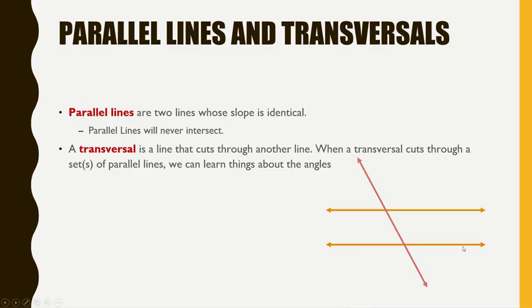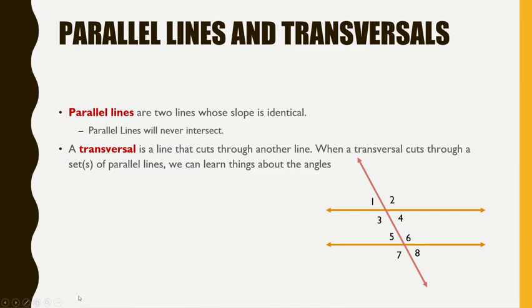When they are cut by a transversal, it creates congruent angles. A transversal is a line that cuts through another line. When a transversal cuts through a set of parallel lines, we can learn some things about the angles. That's what we identified: 1 and 4 were congruent, 2 and 3 were congruent, 5 and 8 were congruent, 6 and 7 were congruent also.